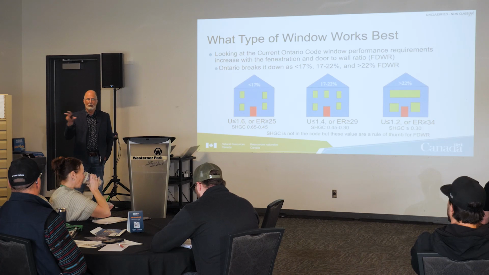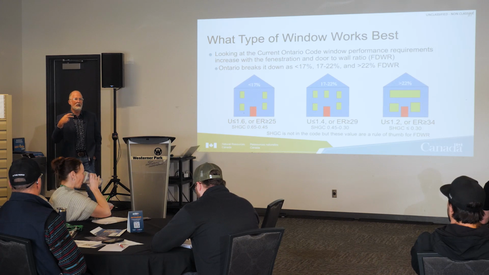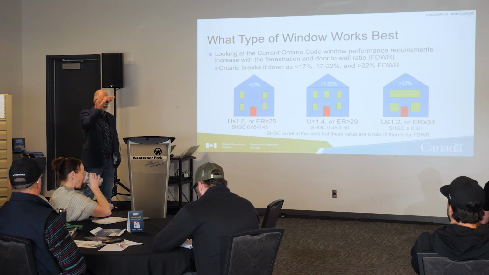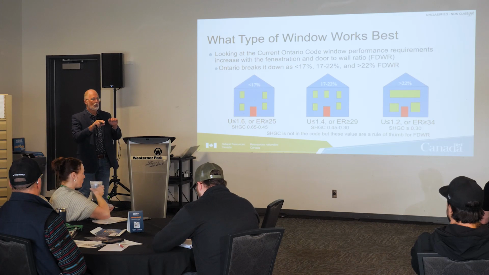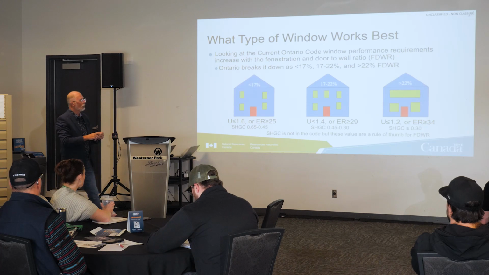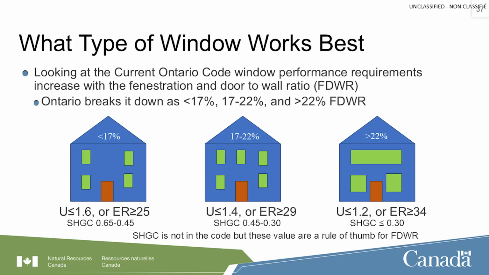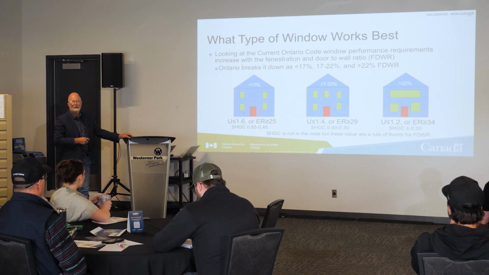But if you're receiving the data from the energy advisor, you can just look down there and compare reference to proposed house, and you can see if you're overheating it. And generally where that's going to happen is when you exceed that 22% that the building code talks about. If you're into the less than 17%, it's not unreasonable to look at high solar heat gain windows.